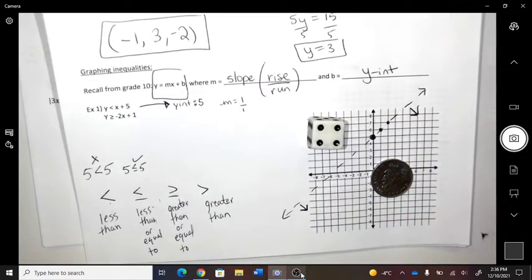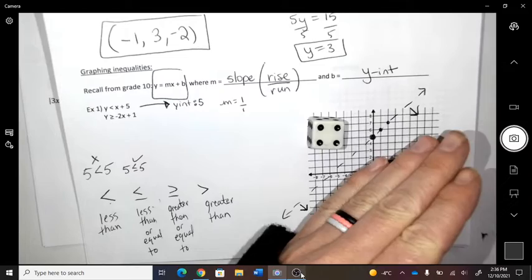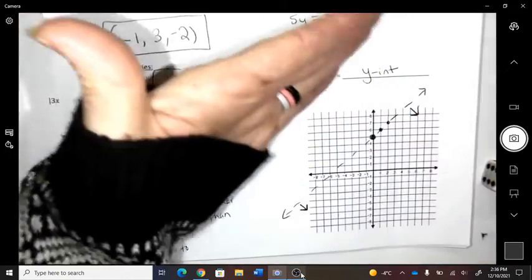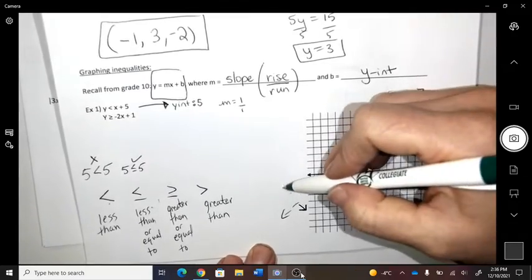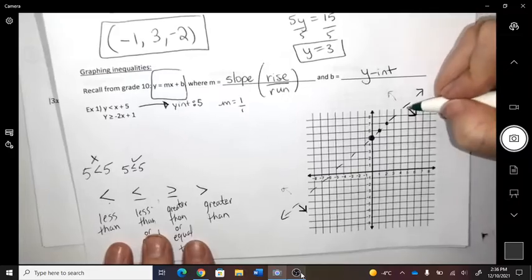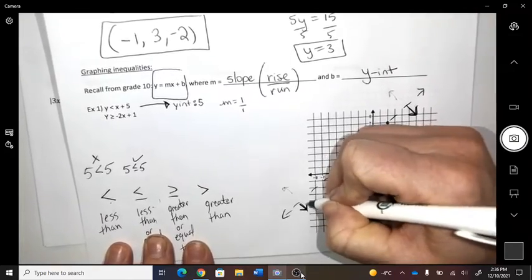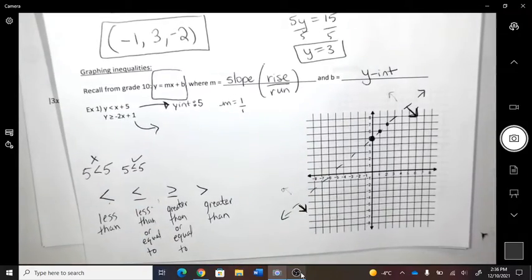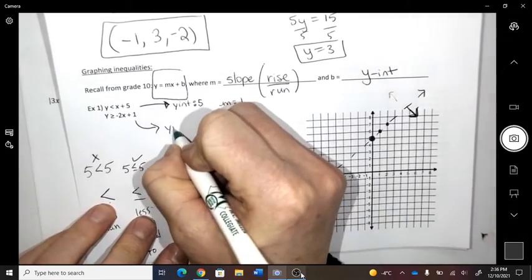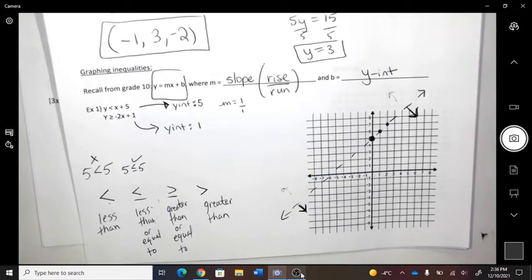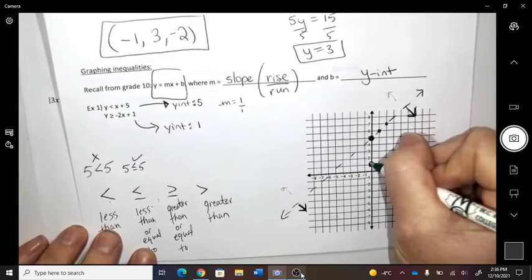Which direction starts angling downward? If you were to angle off the line, you would angle this way or this way off of it. Which way is a less than direction? Less. Okay. Now this, I'm going to start with a y-intercept of 1. So I'm going to draw that, 1.